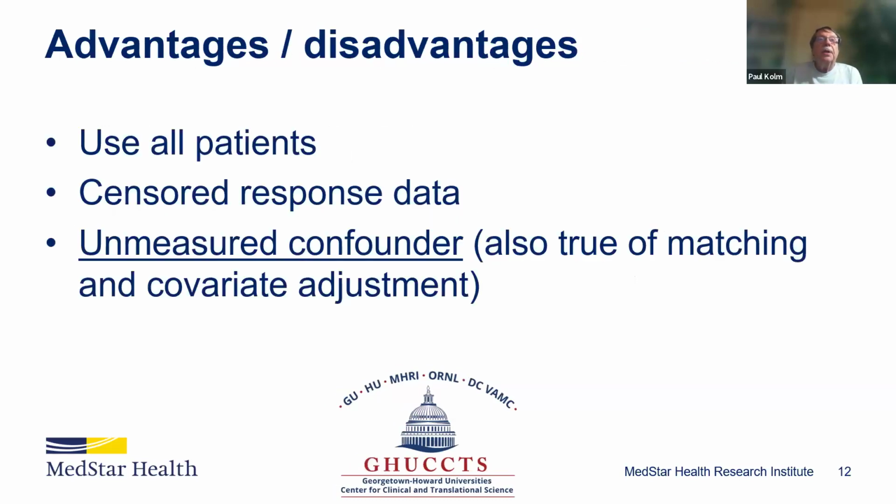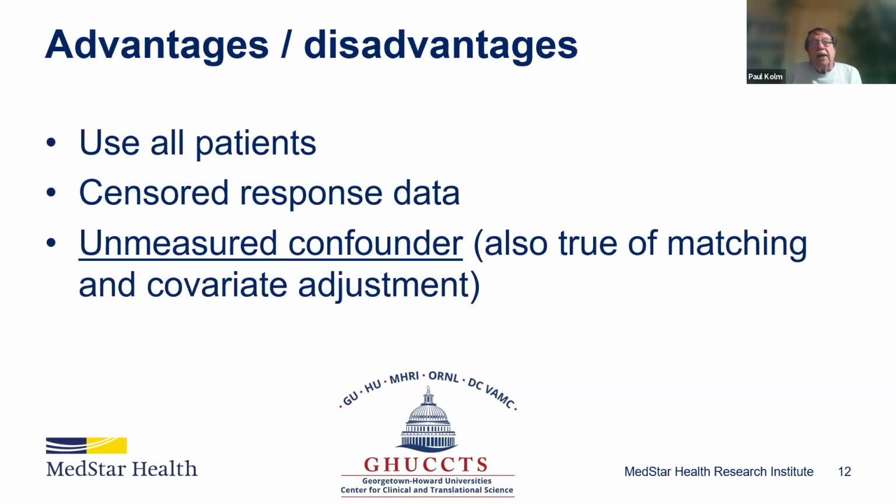So as I mentioned, in this case, we can use all patients because everybody has an inverse probability weighting. We can also censor the response data in this case, like if we were doing survival analysis.